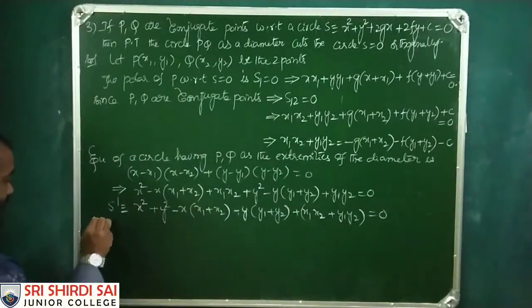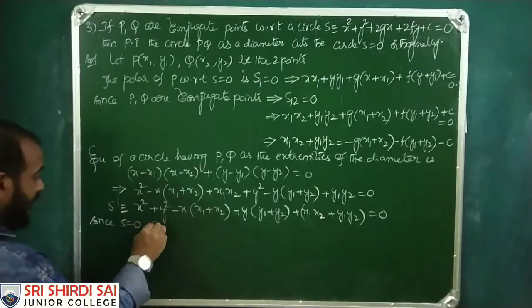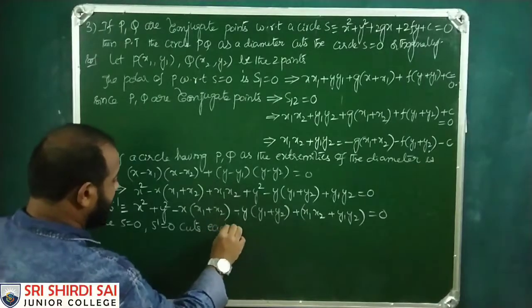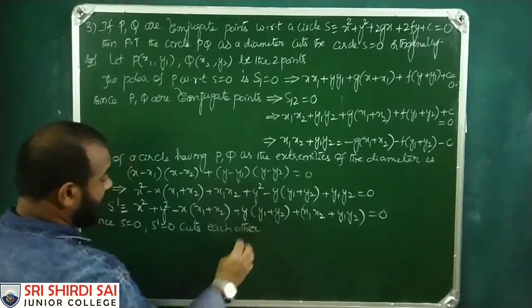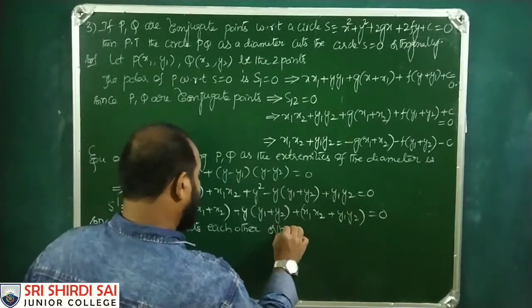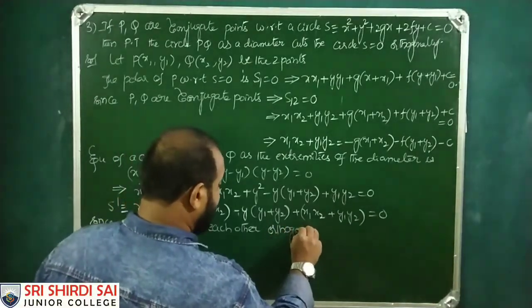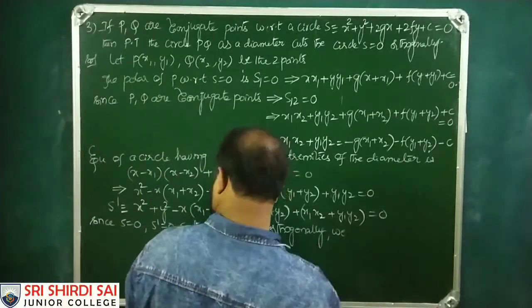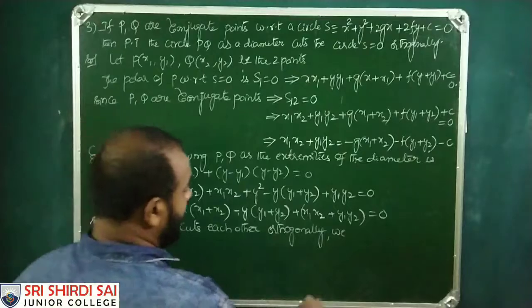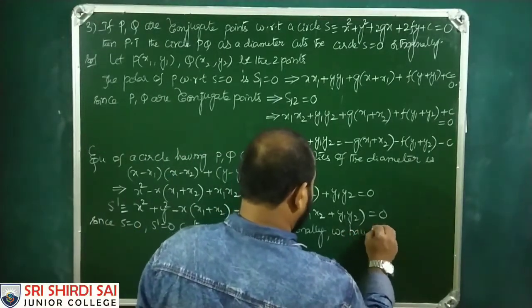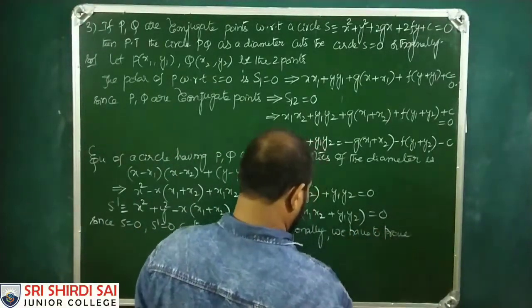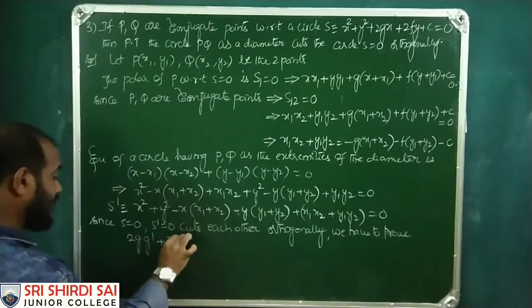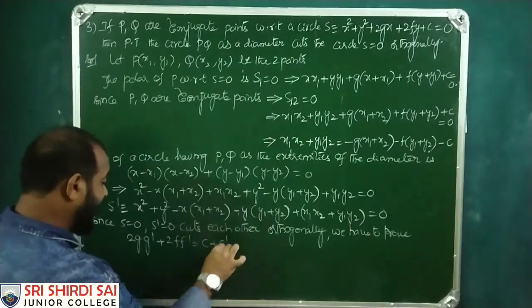Now, since S equals to 0, S dash equals to 0 cut each other orthogonally, we have to prove 2gg dash plus 2ff dash equals to c plus c dash.